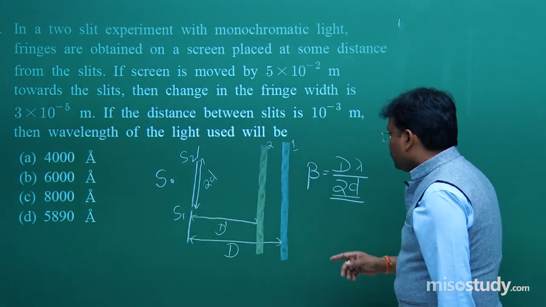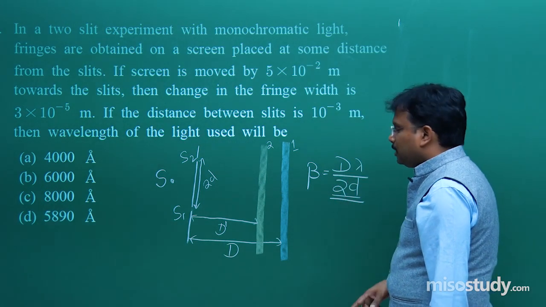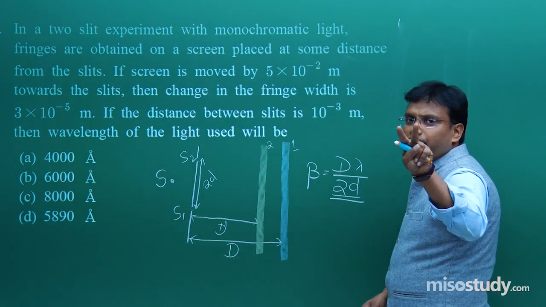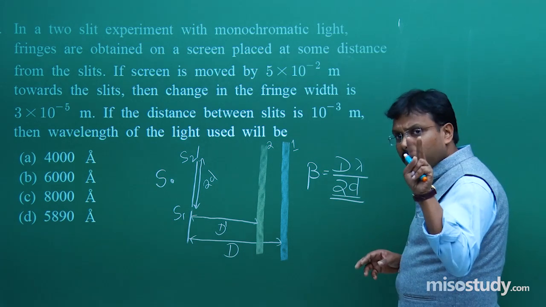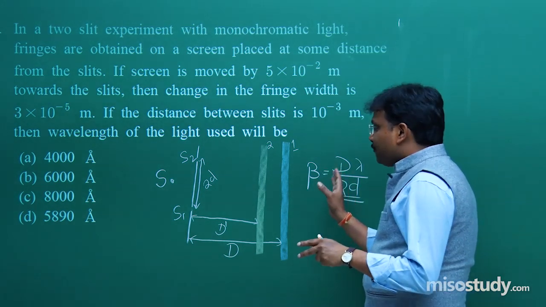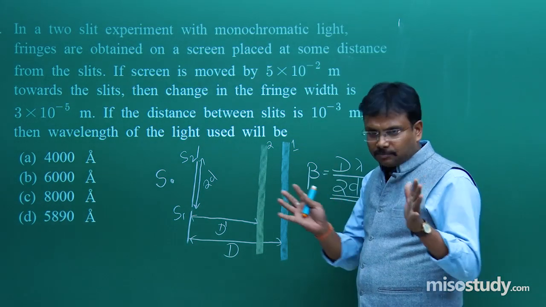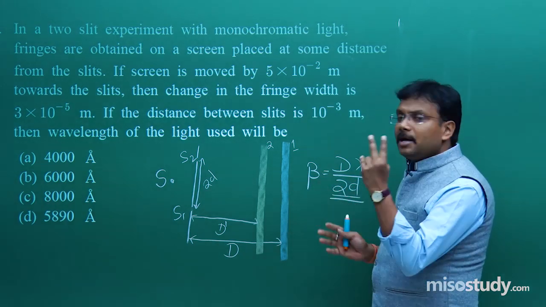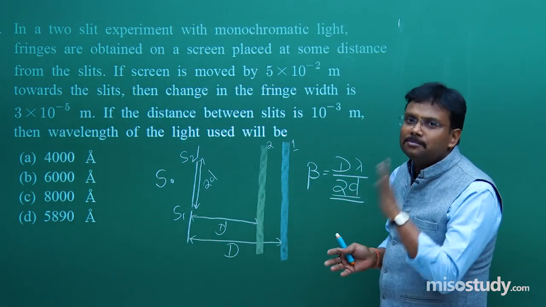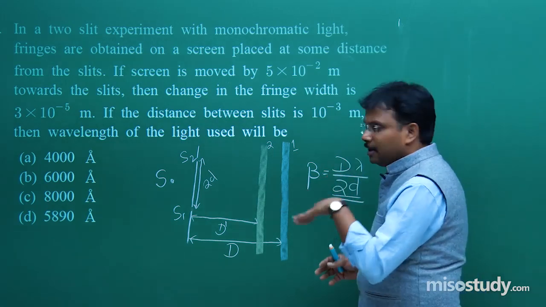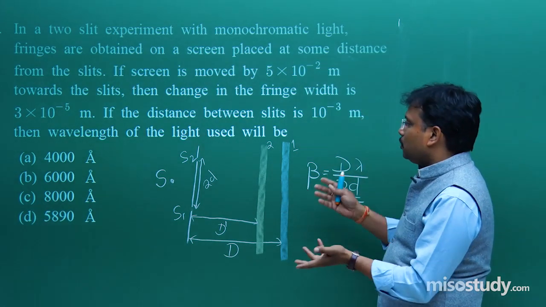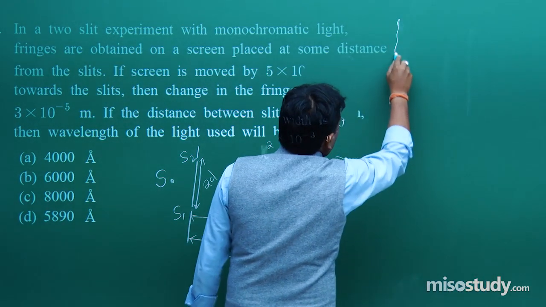Now, ultimately, if we are changing capital D, something will happen. So there are two approaches for this particular question. Either calculate the fringe widths separately and then subtract, or in one go you can calculate. It is your choice. Whatever method you like, you can follow that.